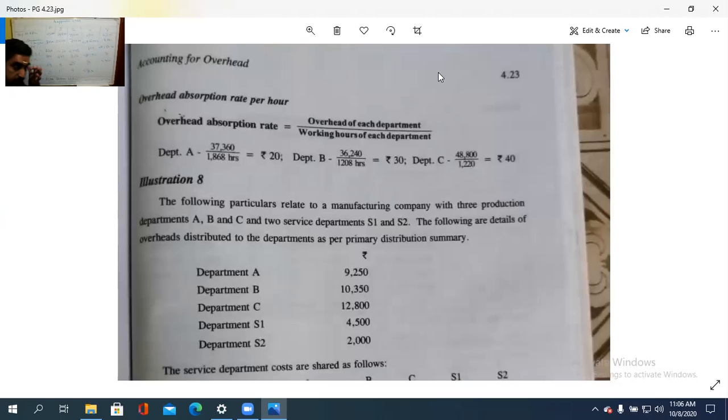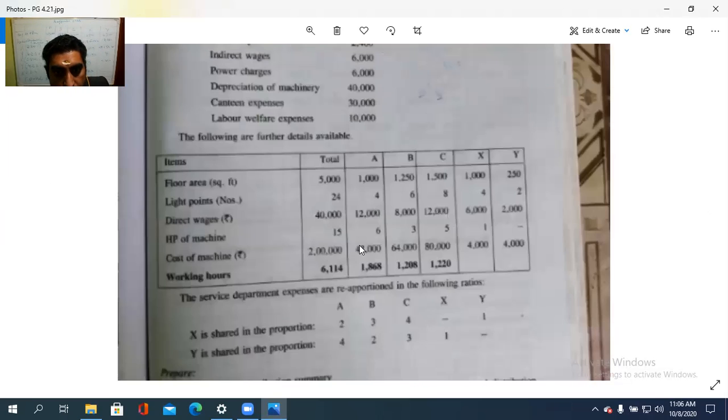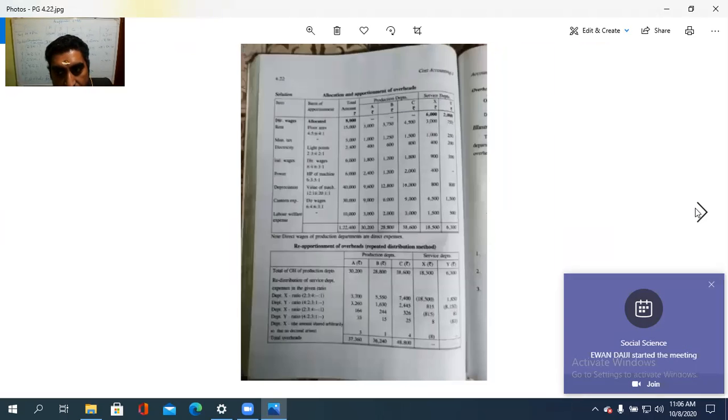That is 37,360 divided by 1868. In the question it is working hours. See, this is the working hours given: first A is 1868, B is 1208, and C is 1220. That is divided by this one.